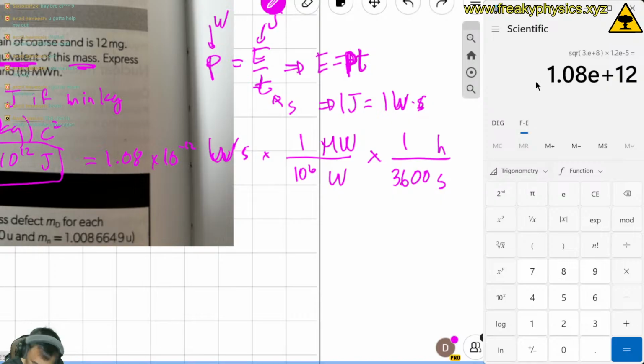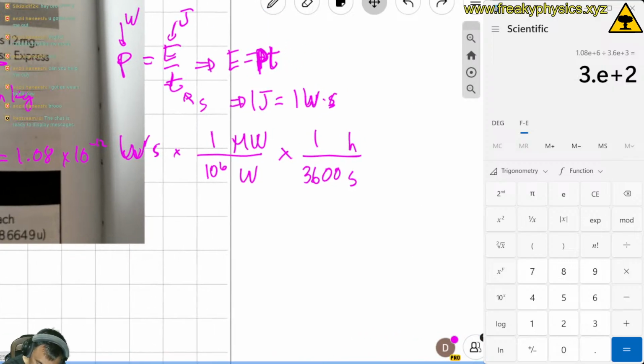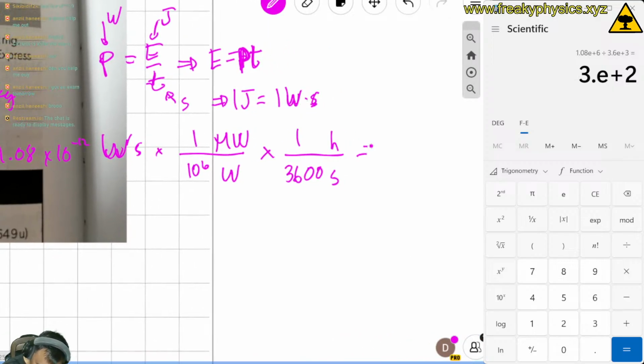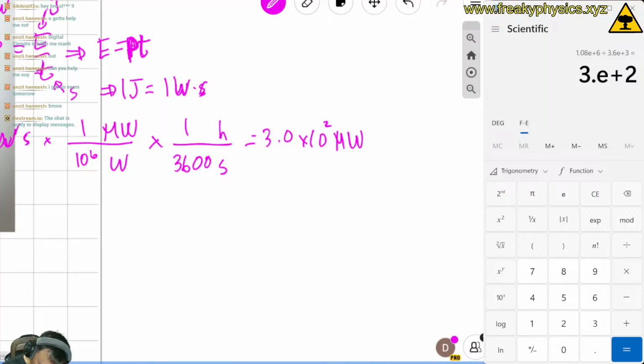We take the number from before, divide by 10 to the 6, that's a million, and divide further by 3,600. So this gives us 3.0 times 10 squared megawatt hours. Done. Megawatt hours.